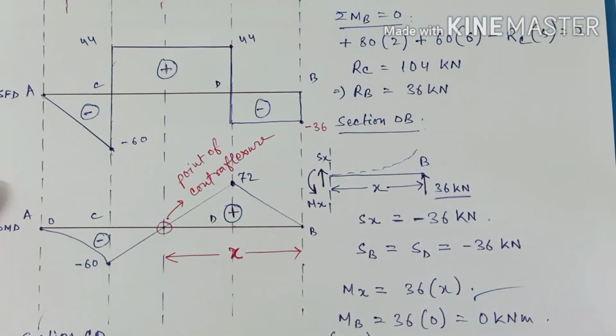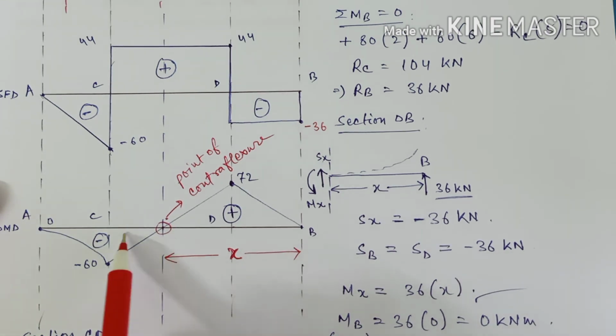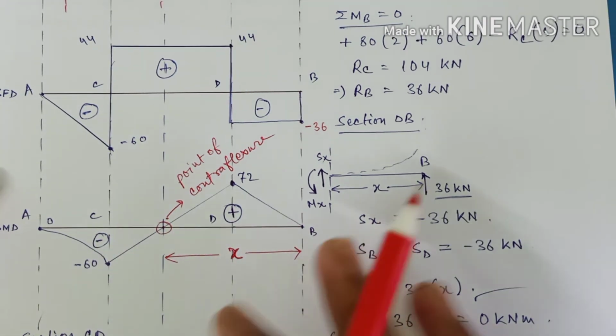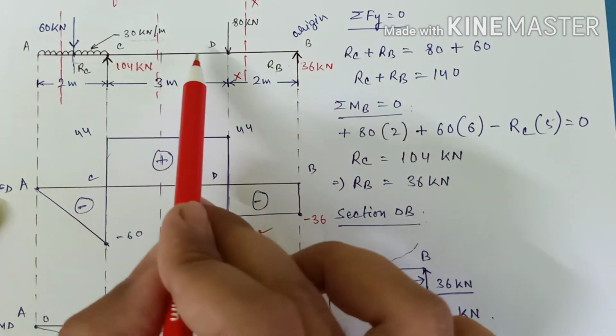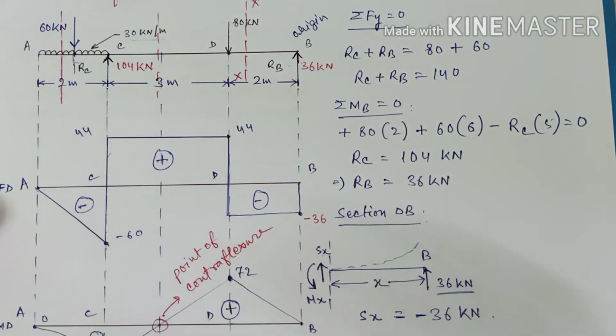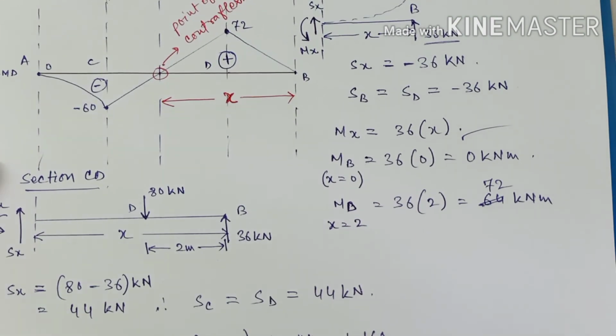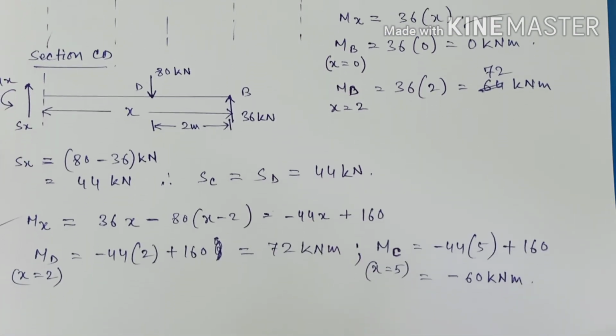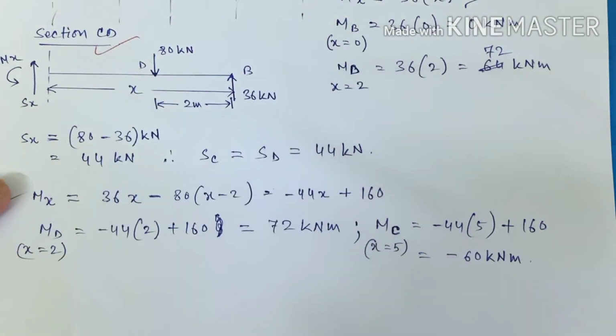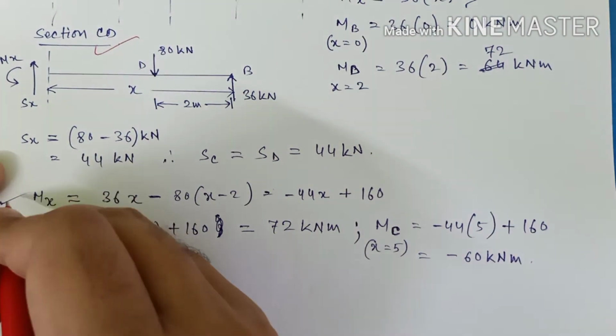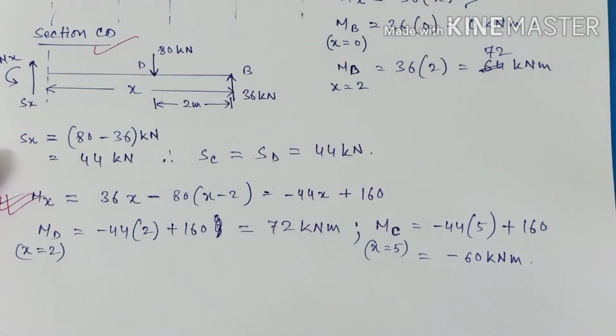This point lies in the section CD. So for calculating this point, we will consider the bending moment equation at section CD. So where is the equation that I wrote? Okay, this is my section CD, and this is the bending moment equation for section CD.